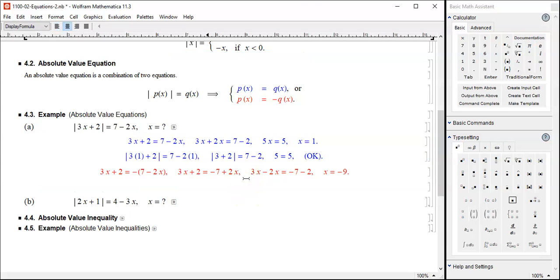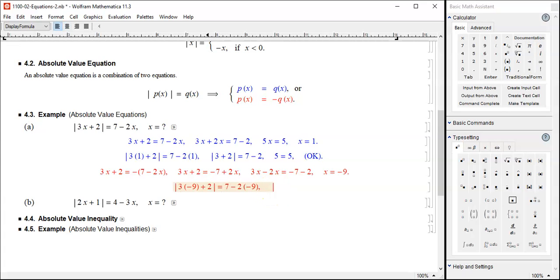How about the next? Okay, that's what we had before, and then x equals -9. Will that turn out to be okay?